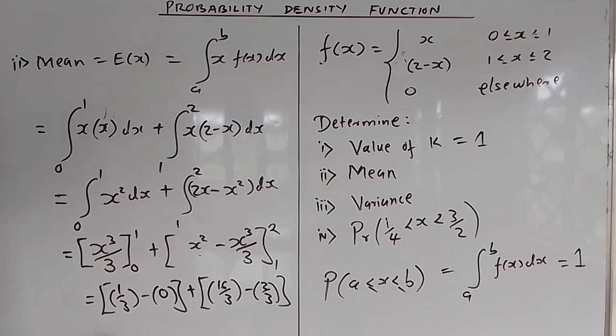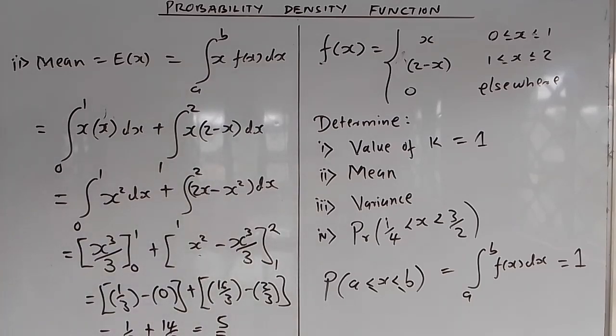So what do you get? A third minus 0 is a third, plus 16 over 3 minus 2 over 3 gives 14 over 3. Can you now add 1 over 3 plus 14 over 3? You get 5.